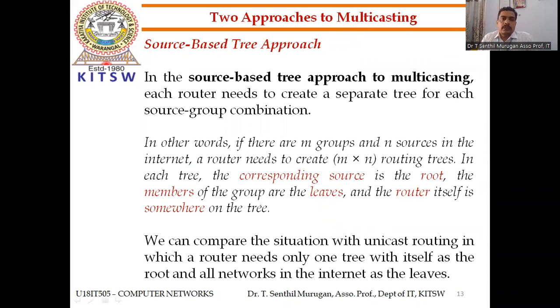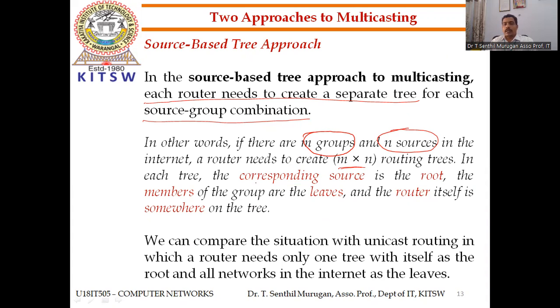And there are two types of multicasting: source based tree approach and group based tree approach. Source based tree approach means each router needs to create a separate tree for each source group combination. That means if m groups and n sources are there, totally m cross n trees should be created from the corresponding source.